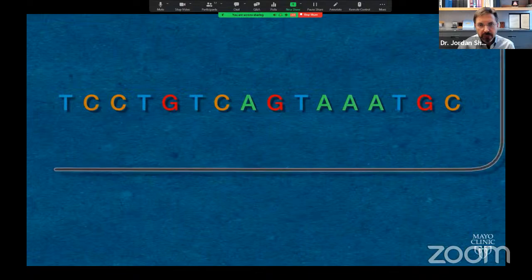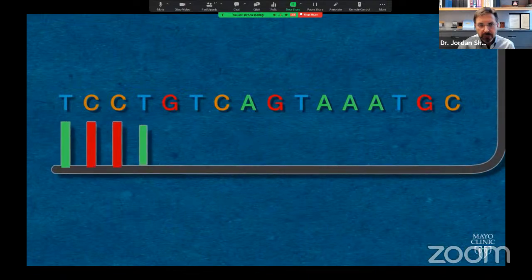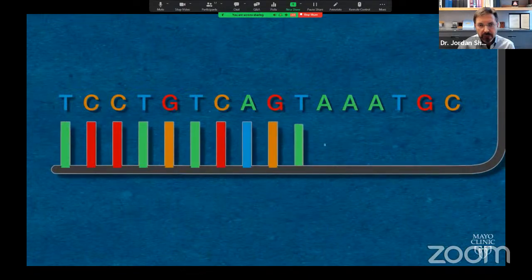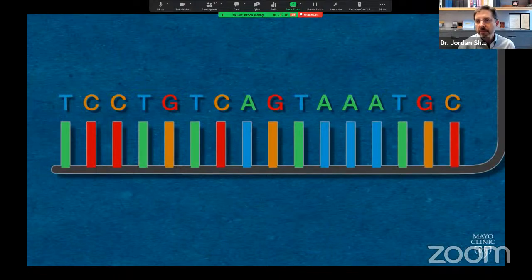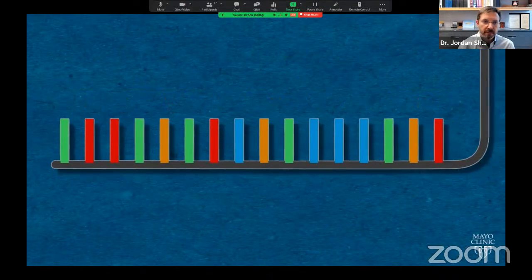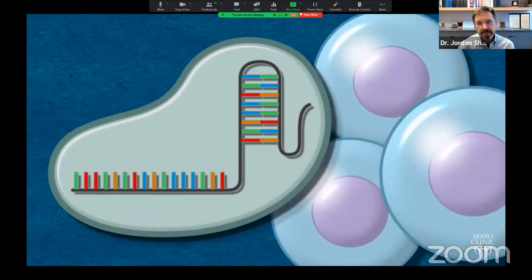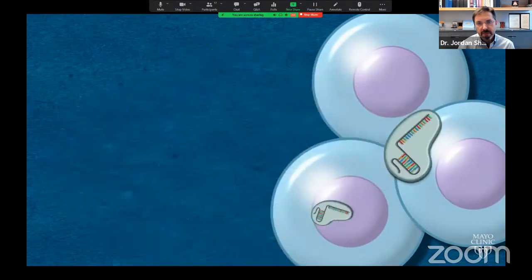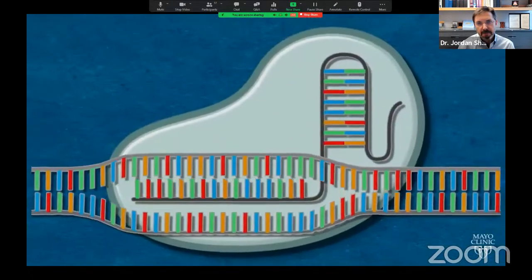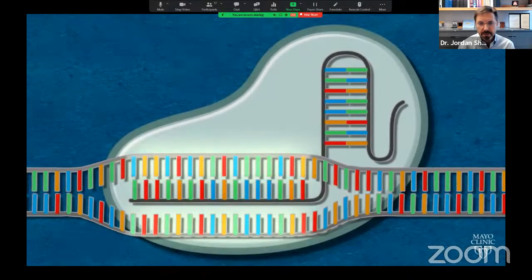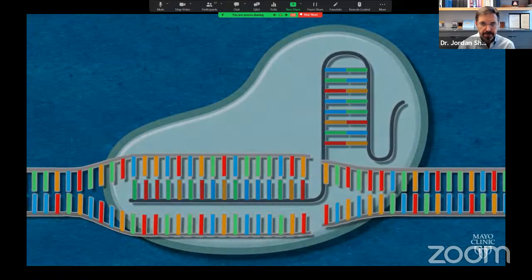Then they create a specific guide RNA to recognize that particular stretch of A's, T's, G's, and C's in the DNA. The guide RNA is attached to the DNA-cutting enzyme Cas9, and then this complex is introduced to the target cells. It locates the target letter sequence and cuts the DNA.